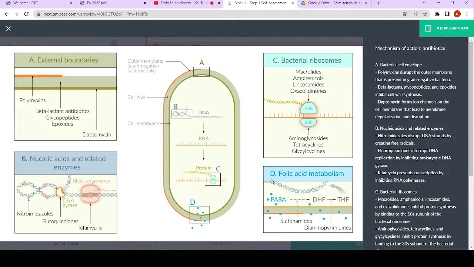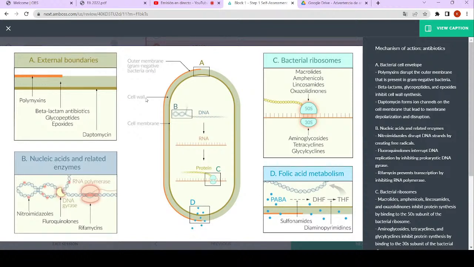Well, but this is a good question. This is a good picture of the mechanism of action of antibiotics. So external, polymyxins in the outer membrane, only for gram negative.